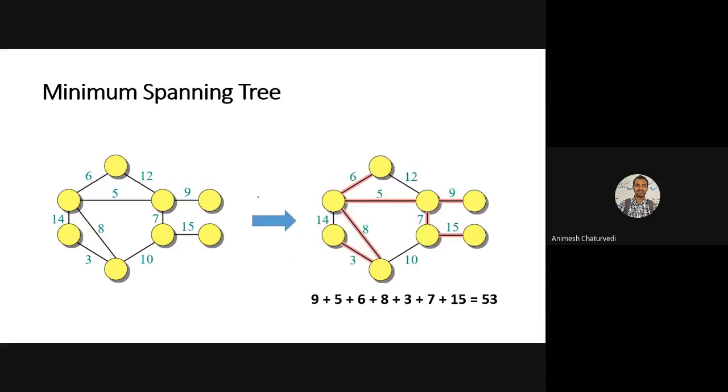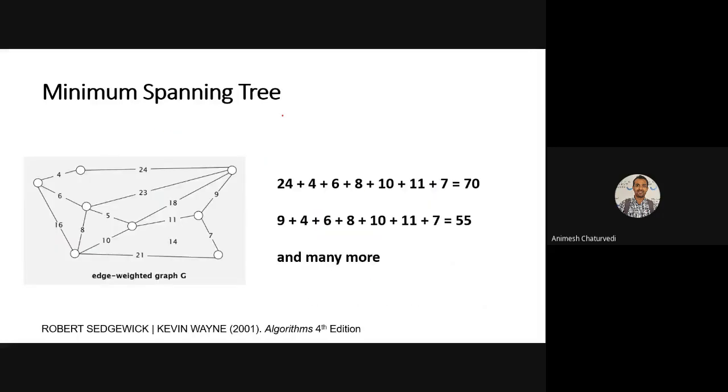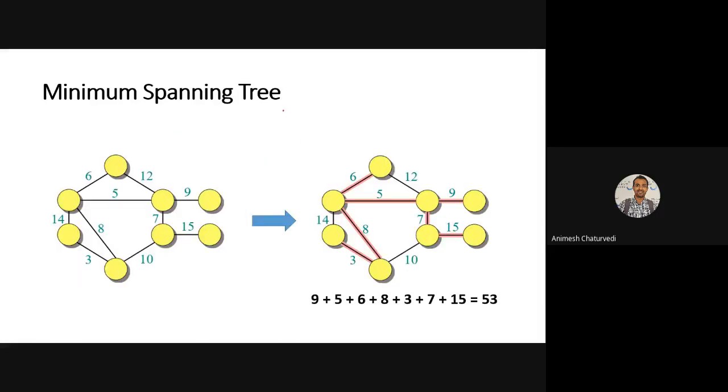So this is what they had drawn: this 9 is connected with 5, and 6 is part of it, 8 is part of it, 3 is part of it, 7 is part of it, and 15 is part of it. One of the simple ways of looking at this is the pendant edge property. We had seen the pendant edge property. So 9 and 5 are the pendant edge.